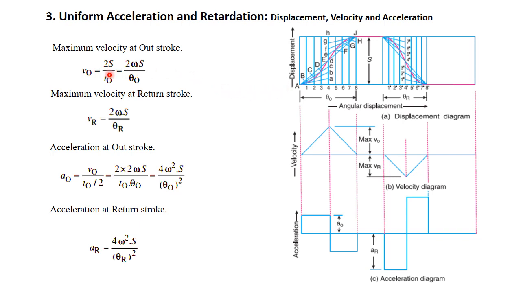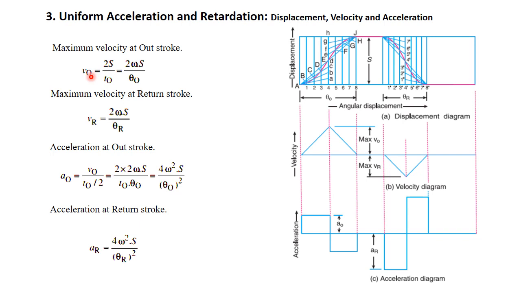Now, as far as velocity is concerned, the mean velocity is nothing but displacement upon time. So let TO be the time taken to cover theta naught angle. Displacement S upon TO will be the mean velocity, and for a triangle the height is always double the mean. Therefore, the maximum velocity of the outstroke is double the mean velocity.